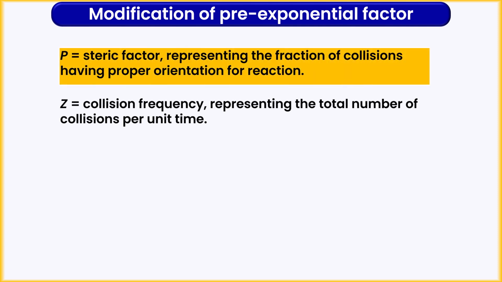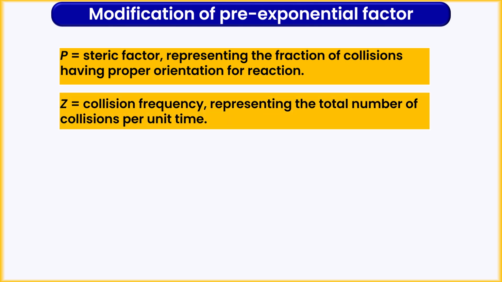This is represented by the steric factor P, which denotes the fraction of collisions having the correct orientation for reaction. Second, we have the collision frequency Z, which represents the total number of molecular collisions occurring per unit time.